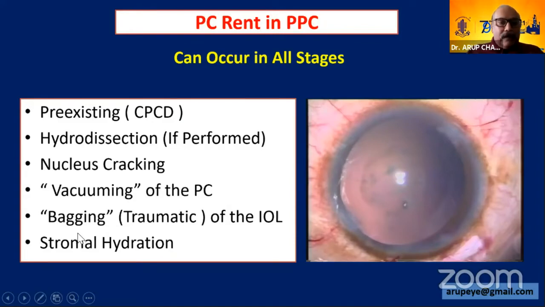I have also had the mortification of seeing PCR develop while trying to bag the intraocular lens, and I have seen cases in the recent past where posterior capsular rent happened in posterior polar cataracts during stromal hydration. I'm not sure whether that is related to the flax which this patient had undergone.